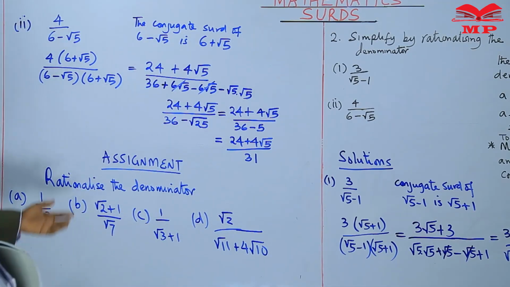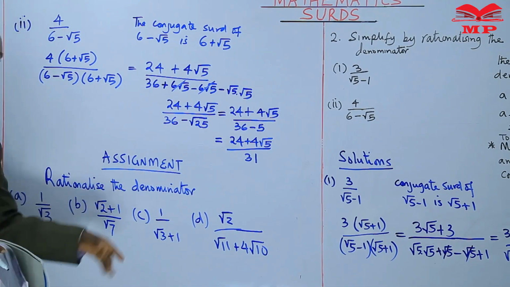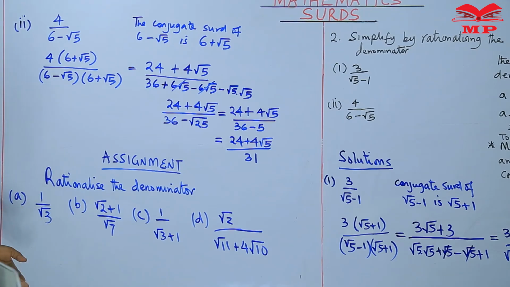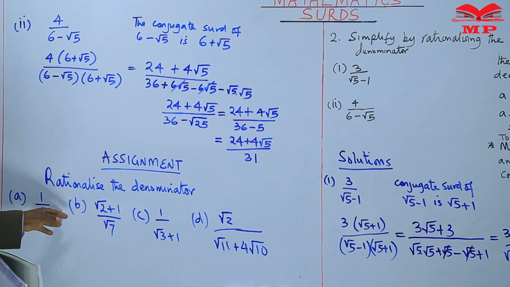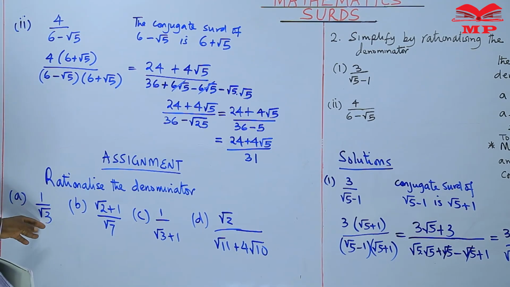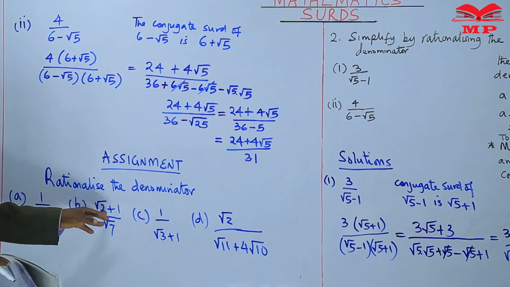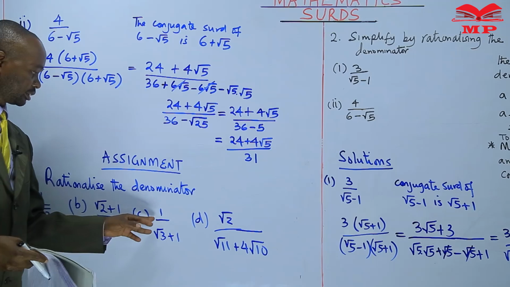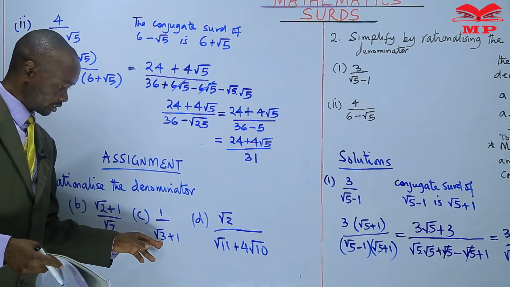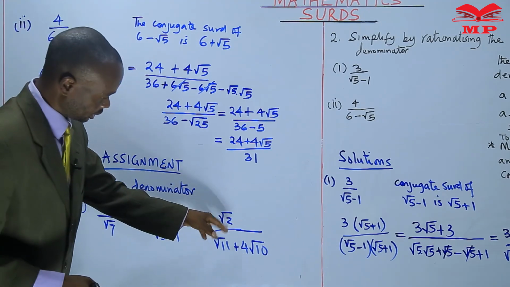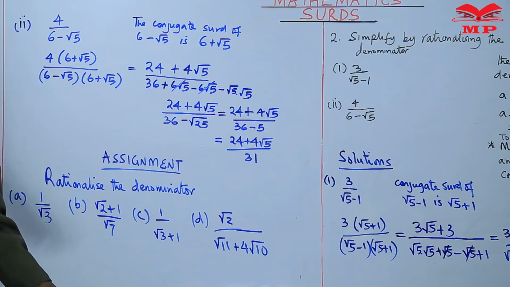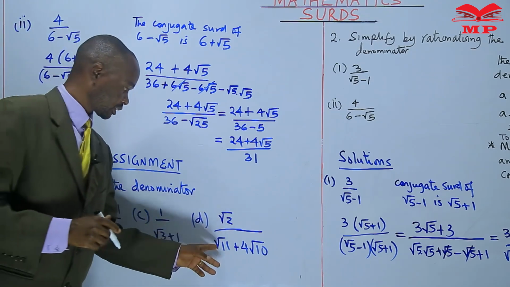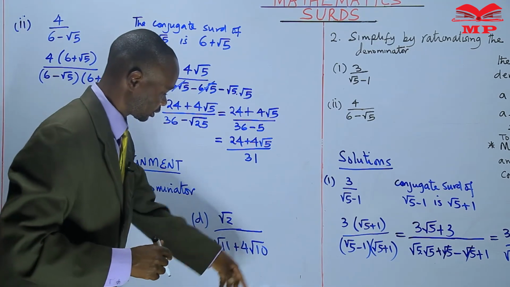So learner, that was the assignment, rationalize the denominator. You saw how we went about it. So A, 1 over square root of 2, B, square root of 2 plus 1 over square root of 7, C, 1 over square root of 3 plus 1, D, square root of 2 over square root of 11 plus 4 square root of 10.